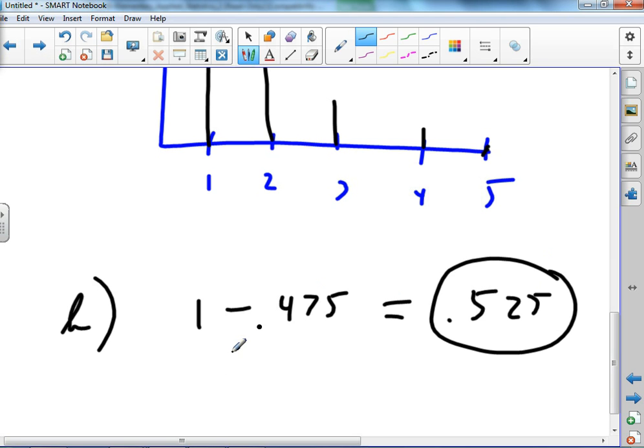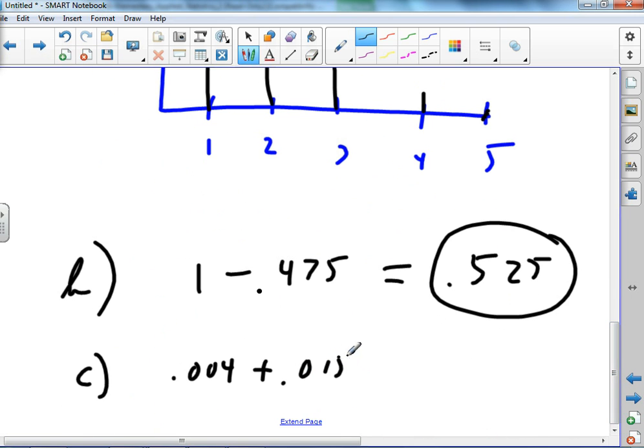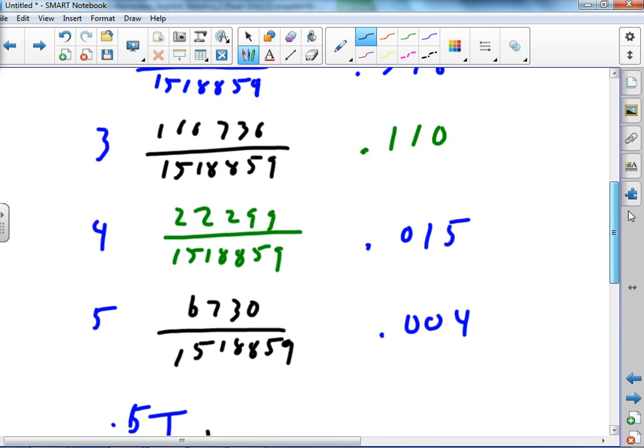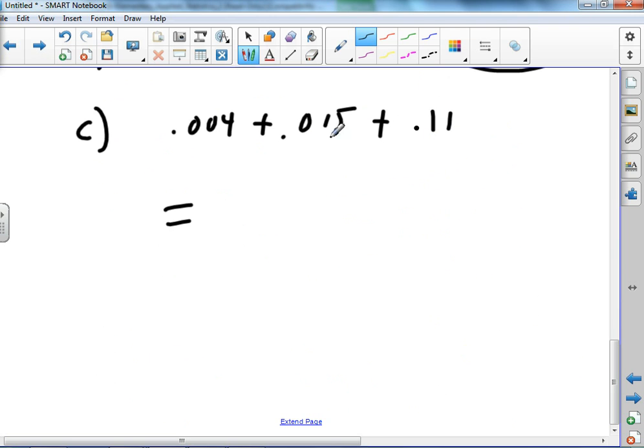What is the probability the student takes it 3 or more times? 3 or more: 0.004, 0.015, 0.11. That's 0.129, 3 or more times.